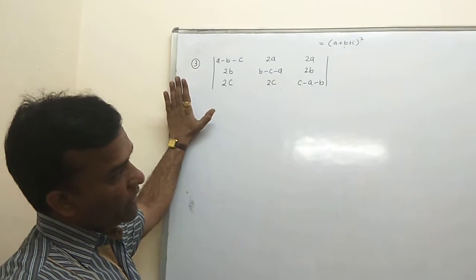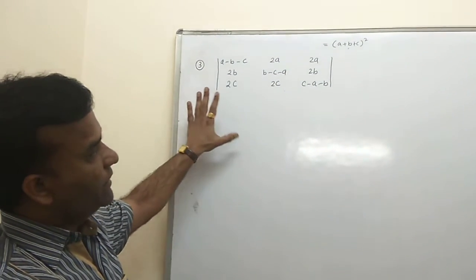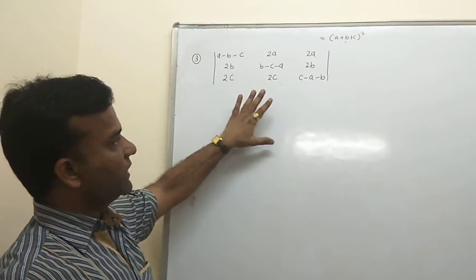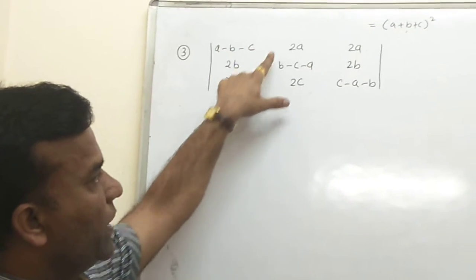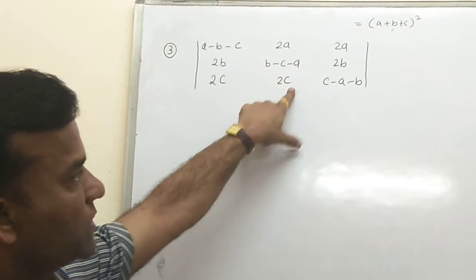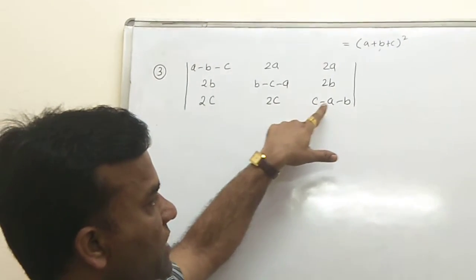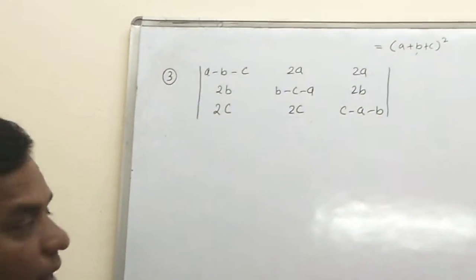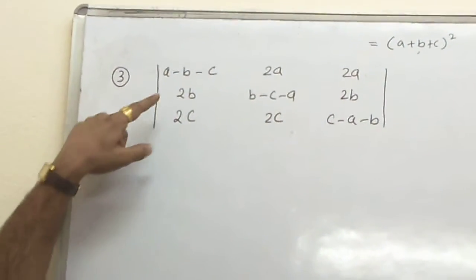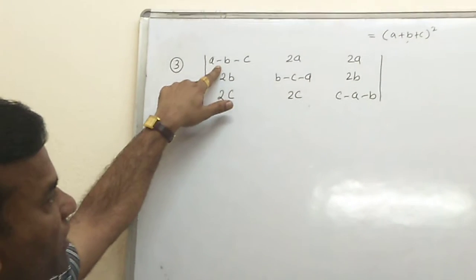Then in the third question we have the example in which you first watch all the elements: a minus b minus c, 2b, 2c; 2a, b minus c minus a, 2c; and 2a, 2b, c minus a minus b. If you watch all the elements of this determinant, then your column elements like 2b and 2c depend on the minus sign here.